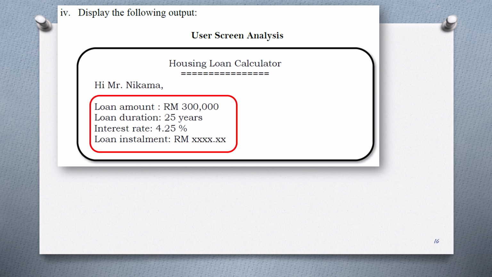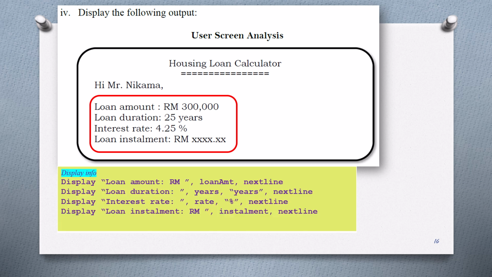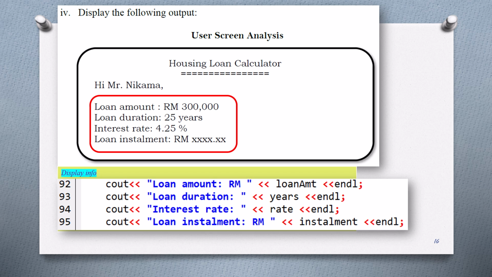So in this case, to display clearly, you need to use the cout statement, right? So this is what you need to write. Cout loan amount, from the loan amount variable, loan duration, loan interest rate, and then the loan installment.